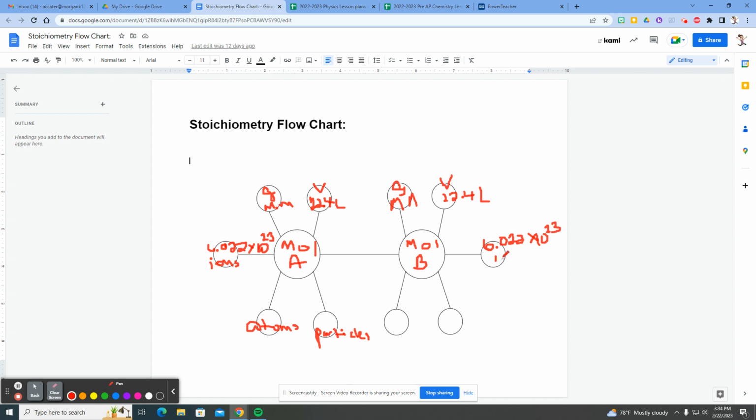And that can be ions, atoms, or particles. And it's all the same number. It's all going to be Avogadro's number. It's hard to write with the mouse. Okay. And then here in the middle, we've got a balanced equation.